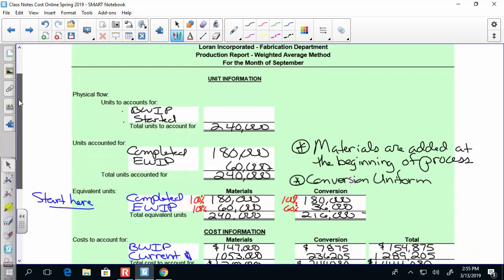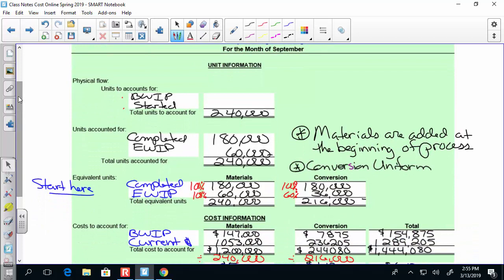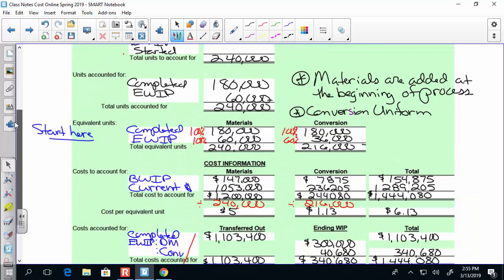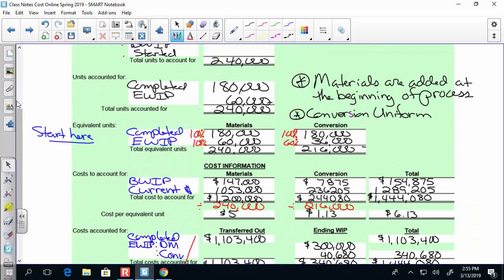51 is my example for this. It's a weighted average again. I make note here of its non-uniformability. And why is it non-uniform? Materials are added at the beginning. Look for that in your problems.